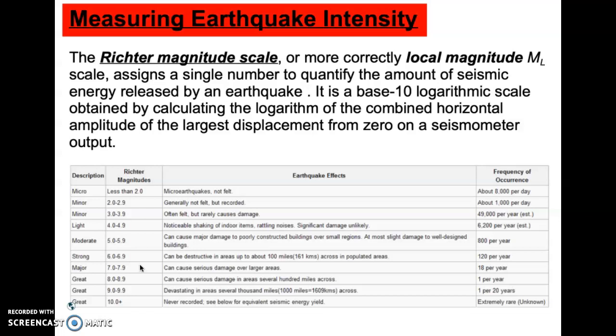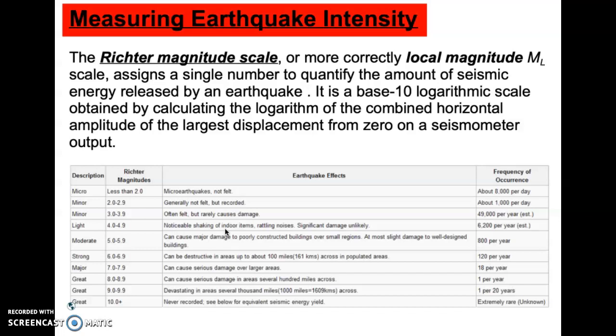Down here I have a little chart just to show you the different Richter magnitudes and what effect they would have. Something that's around 2 is a minor earthquake, generally not felt. There are quite a few of them per day in the world. When you get to about 4, that's when you've got things shaking inside houses.